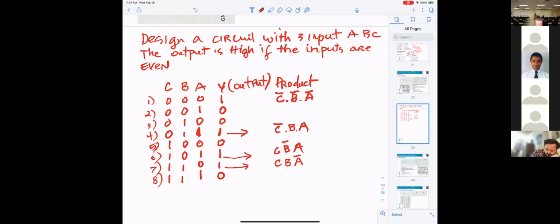Okay, I get it. That is a product on this truth table. And now Y equals the total of those products.